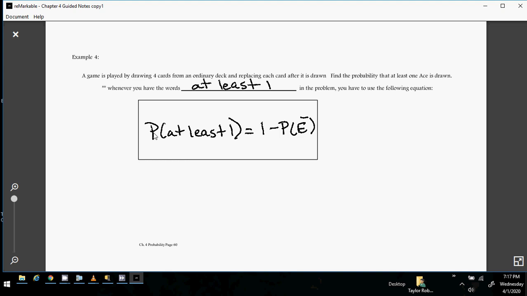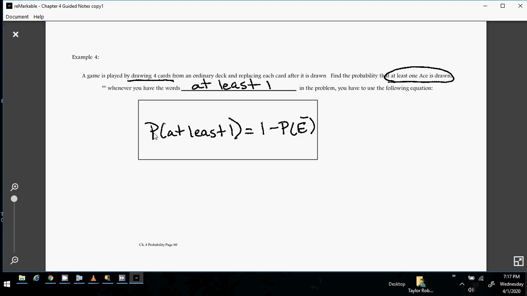Alright, so the best way to learn this is just to do an example of it. So the example that's here is find the probability of at least one ace. Okay, so a game is played by drawing 4 cards out of a deck and replacing. So it's important that we know that we're replacing because the number on the bottom will always be the same when we replace them.